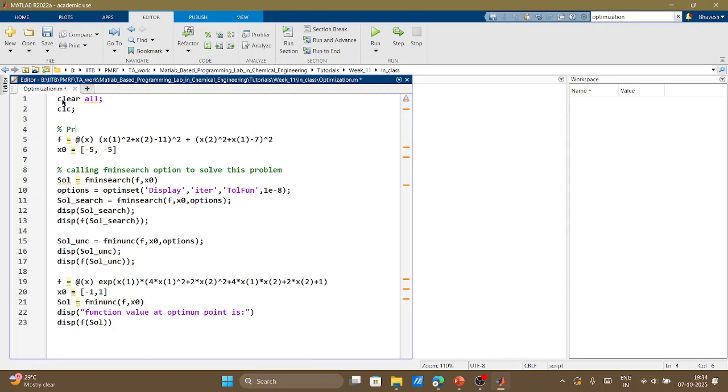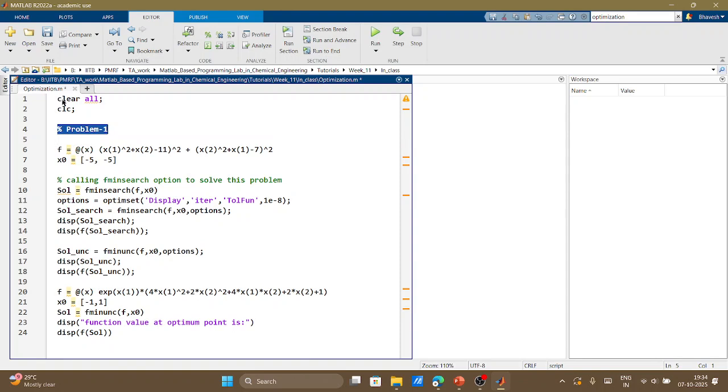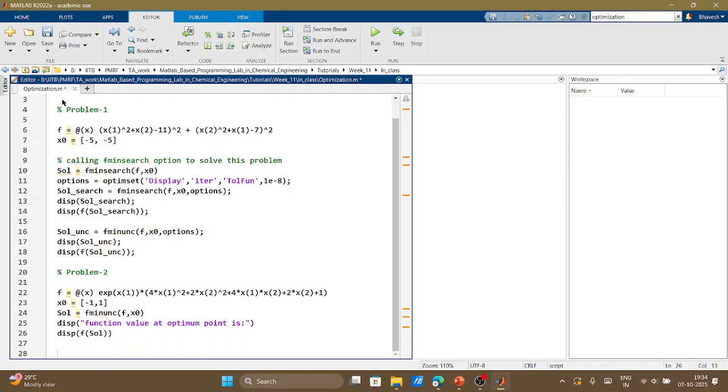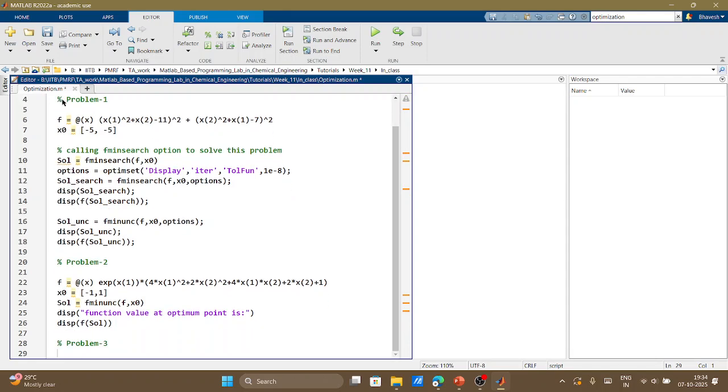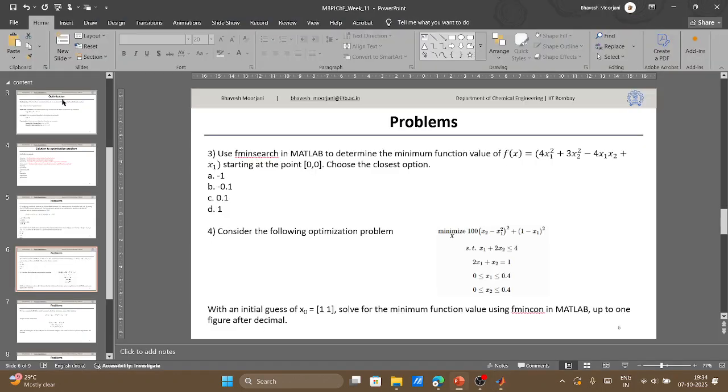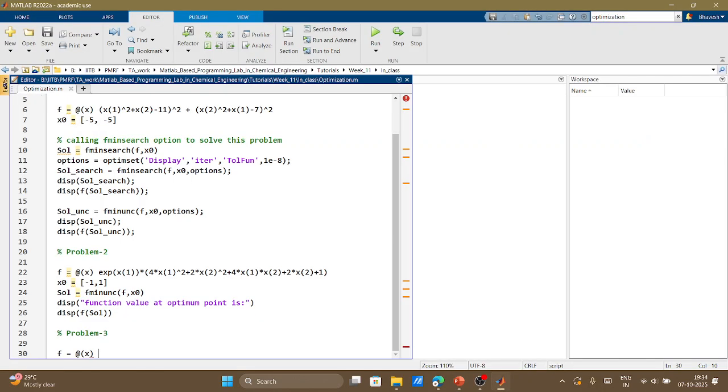This was my problem 1. Now we have problem 2, end of it, and problem number 3. So now our function becomes four times x1 square plus 3 times x2 square minus 4 times x1 x2 plus x1.